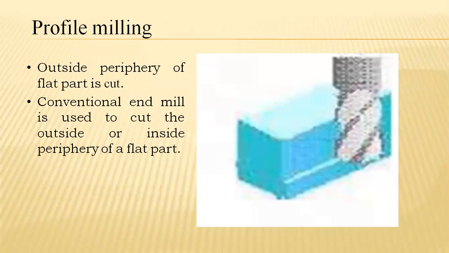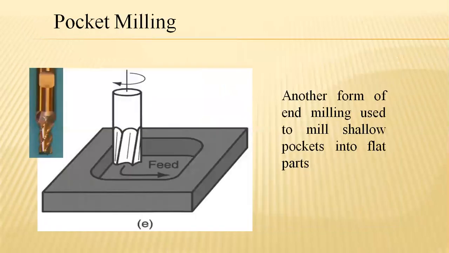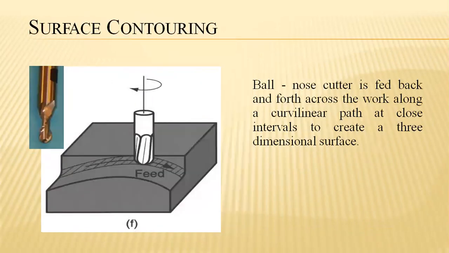Profile milling for getting the periphery of the flat part is the outside range, particularly used to cut the outside for getting our required shape of periphery. And this is pocket milling, used to make feed considerations up to a particular depth of cut and getting different shapes, either at the corner pockets with respect to circular interpolation, surface contouring, and up and down curvilinear stations.